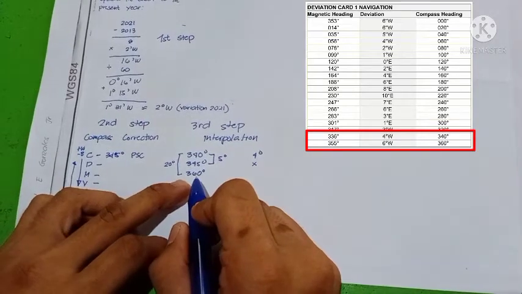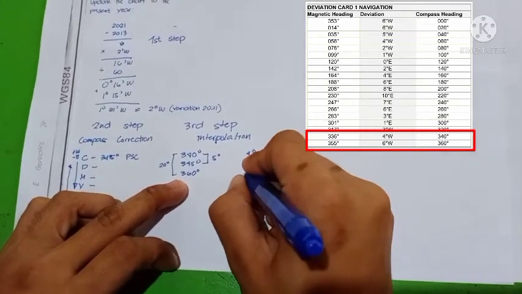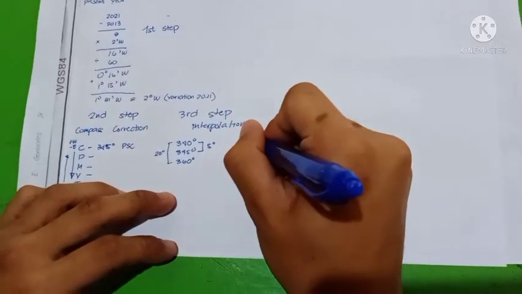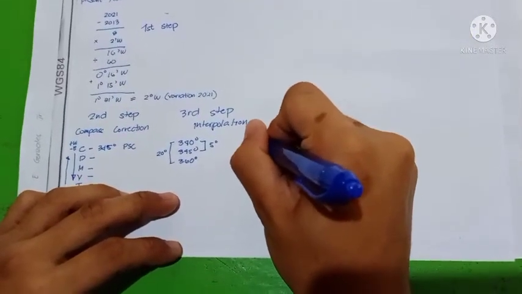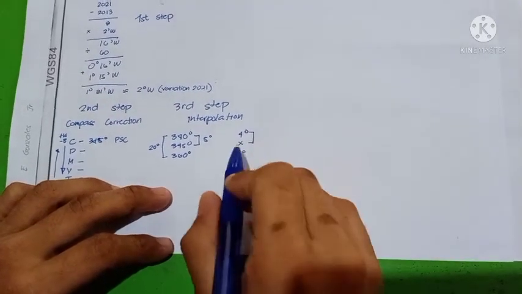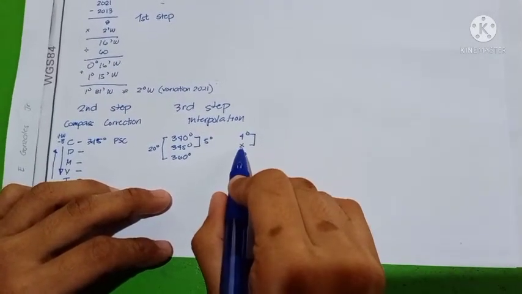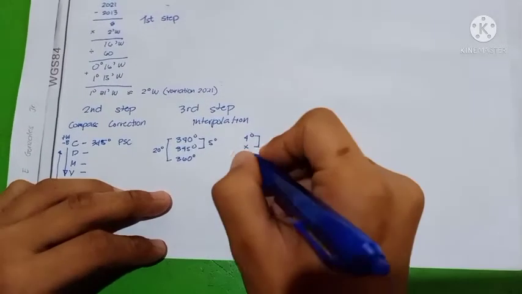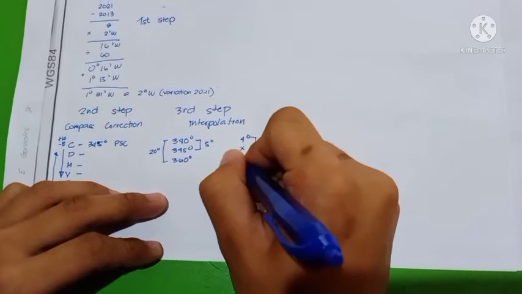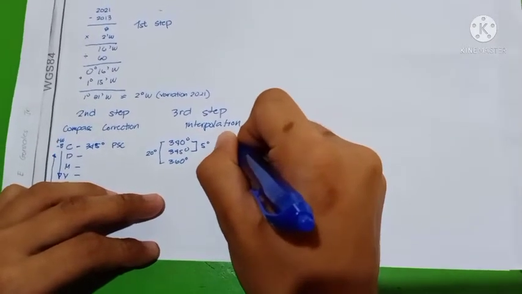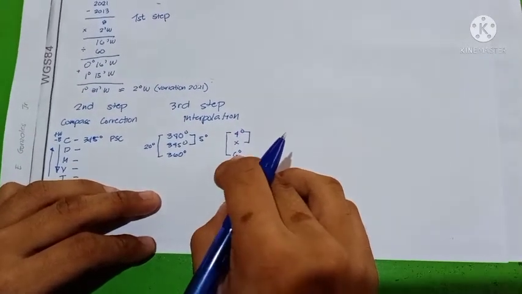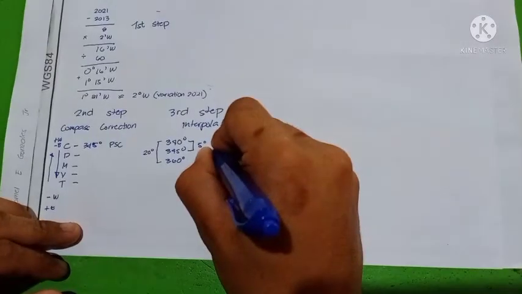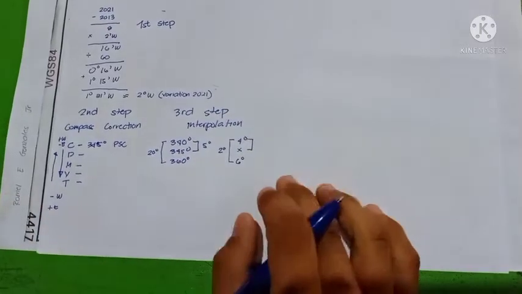And the 360, the value is 6. Same process, x subtracted by 4 cannot be computed because the value of 345 is unknown. So 6 degrees subtracted by 4 degrees will come up to the difference of 2 degrees.